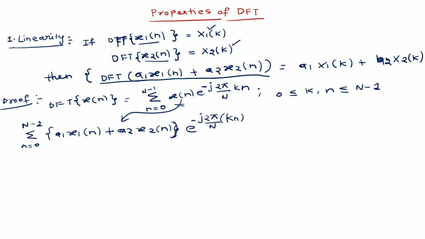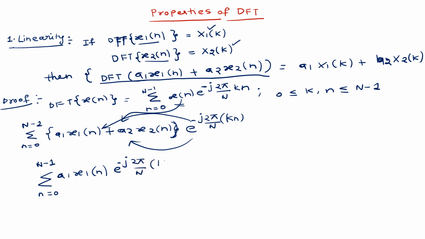All right, so I will multiply this with both the signals and separate the summation. We will get summation of n equal to 0 to N minus 1 a1 x1 of n e power minus j 2 pi by N kn plus summation of n equal to 0 to N minus 1 a2 x2 of n e power minus j 2 pi by N kn.